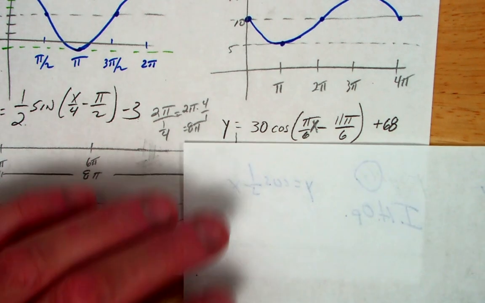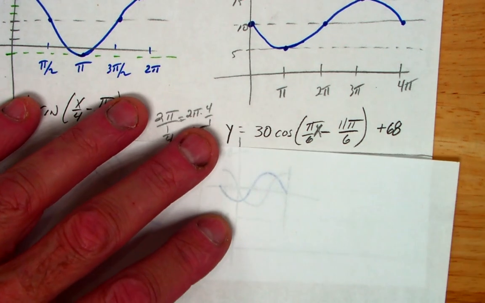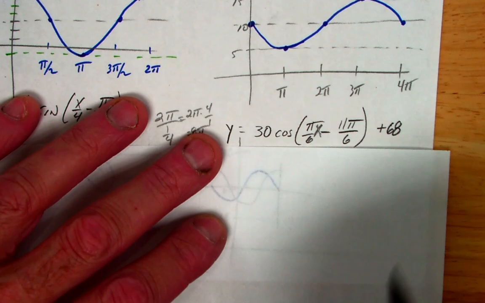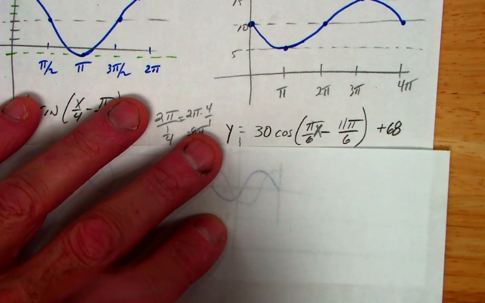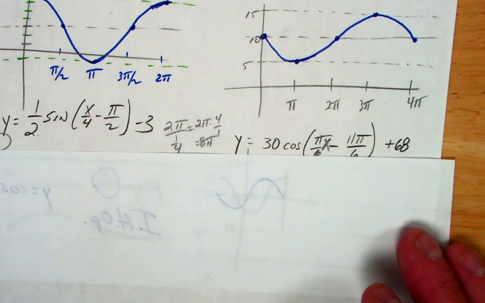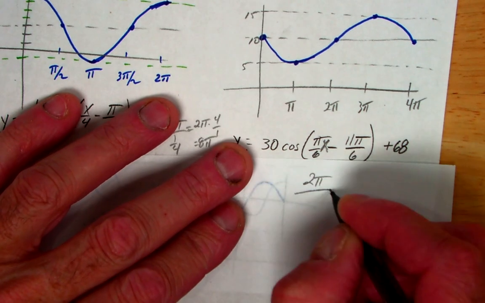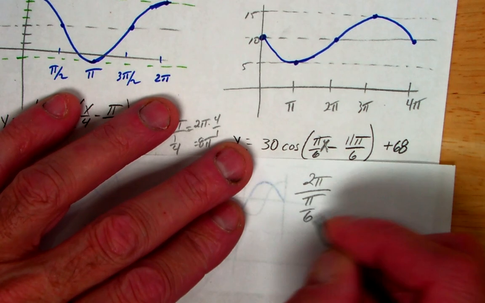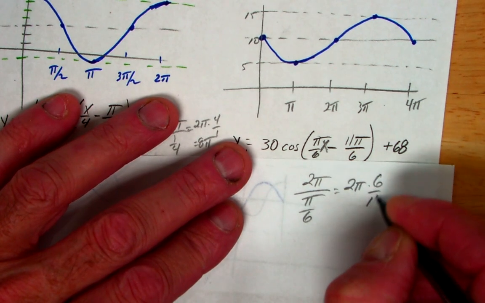Right now my b is pi over 6, right? Is it x pi or just pi? Pi. It's pi over 6 times x. Oh, okay. Just because the x is my input. So if I go 2 pi over pi over 6, that is 2 pi times 6 over pi.